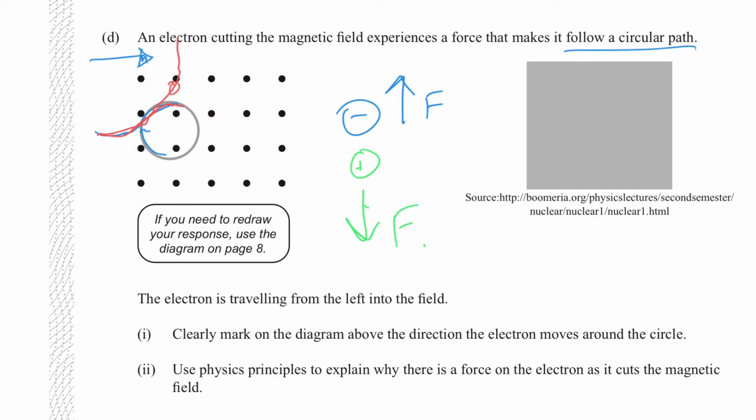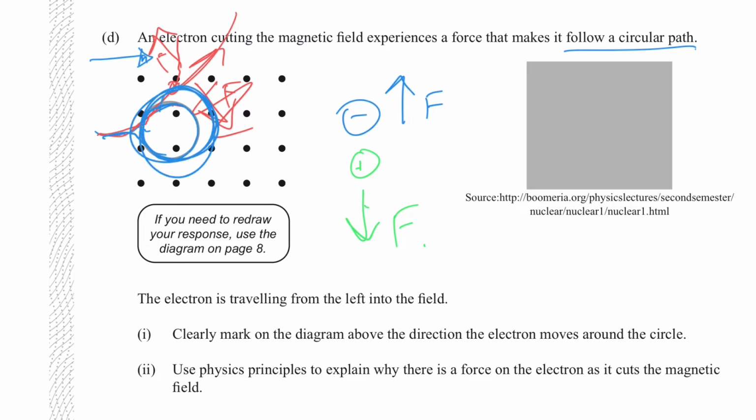Because the next position of the electron, for a positive charge travelling in that direction, would experience a force in that direction, but a negative would experience a force the other way, and it would disappear out. So it can't be going that way, so it must be going down there and around and around.